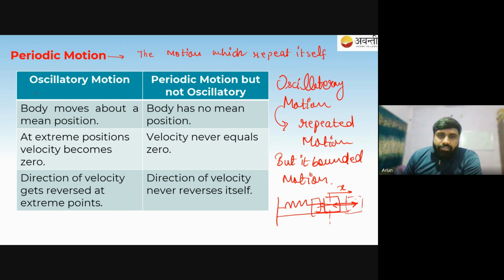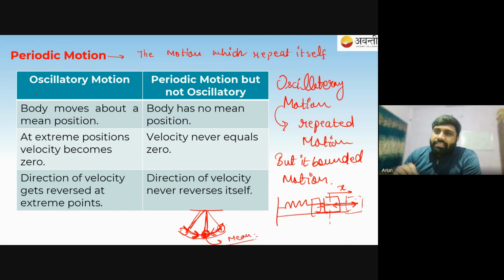For example, you can also consider the motion of a simple pendulum. If this is a bob tied with a string and you release it from this point, then it will go this way and this way. So what it is trying to do is come back to this particular position, which is termed as the mean position.